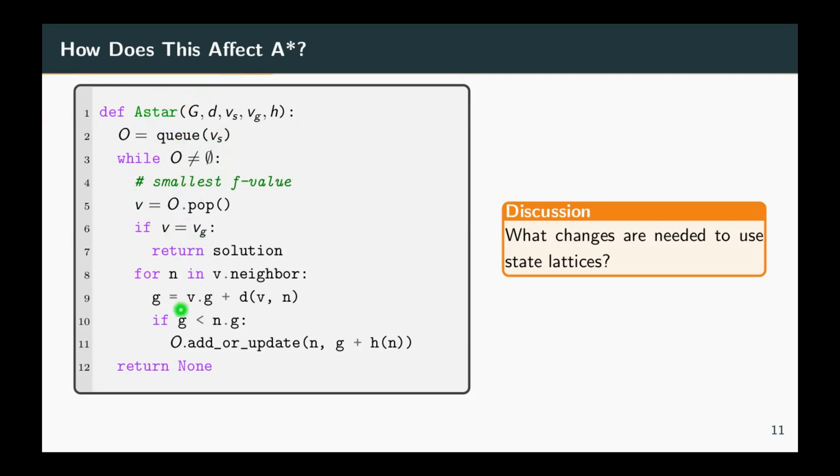Otherwise, we have our expand operation, which goes over all neighbors. And then we compute this intermediate G value. And if there's an improvement, so we found a better cost, then we insert it or update the entry in our open priority queue.